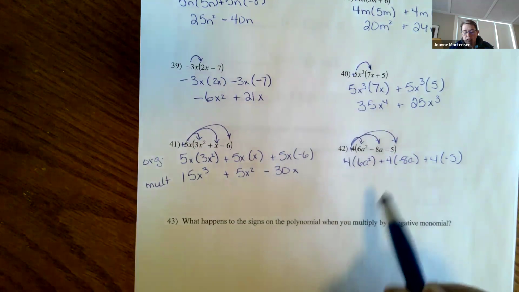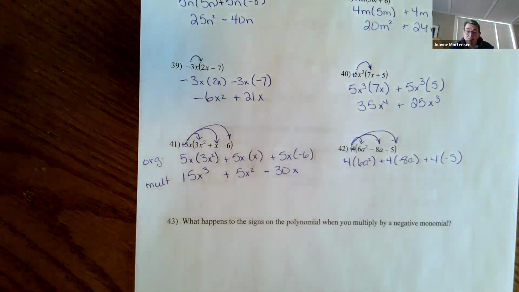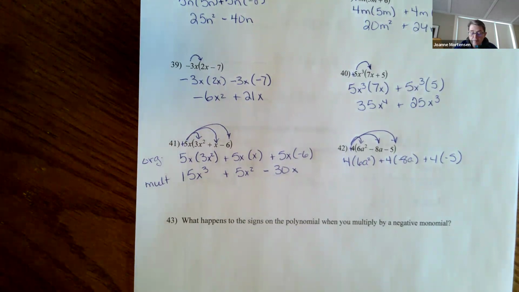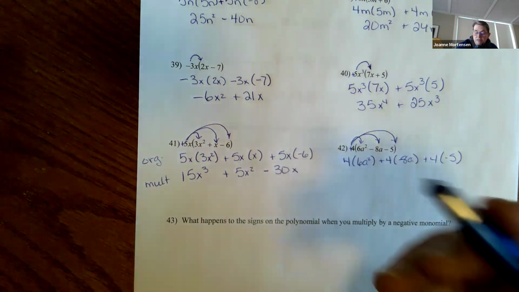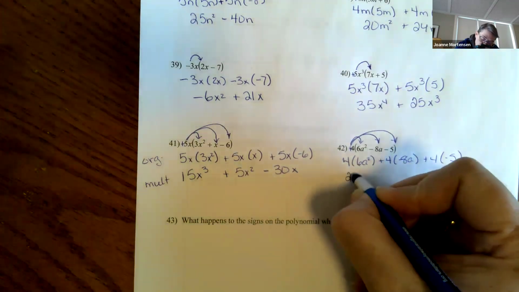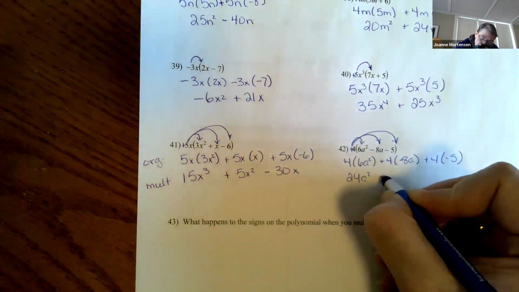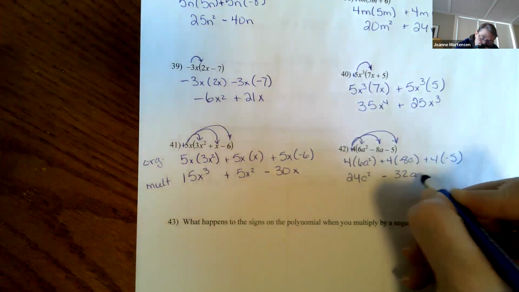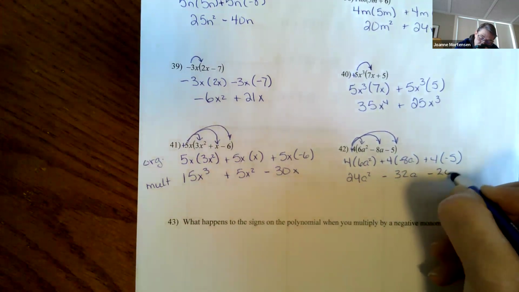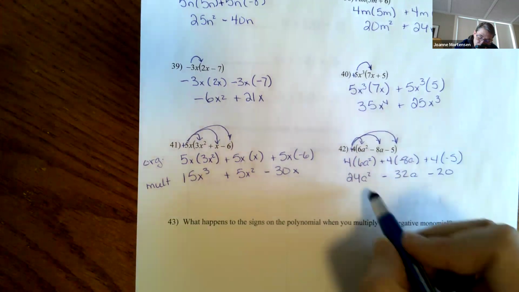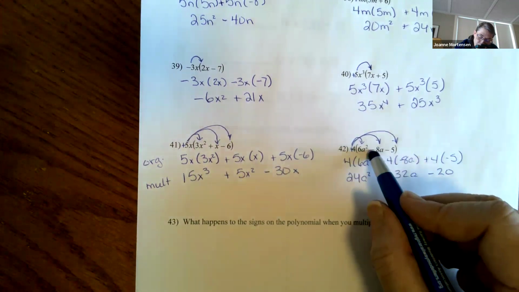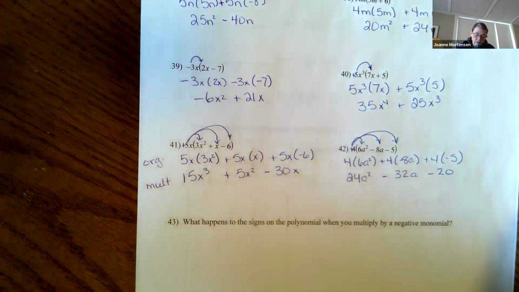I guess I should say the arrow thing is not like I'm going to give you marks for it, just reminding distributive. And I do them one at a time because I need to focus on just this part that I just drew. So 24a squared minus 32a minus 20. 1, 2, 3, 1, 2, 3, negative, negative, negative. Okay, we're golden. Ta-da!